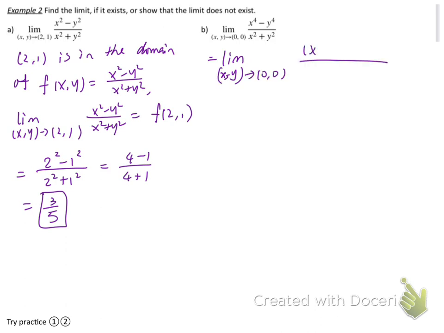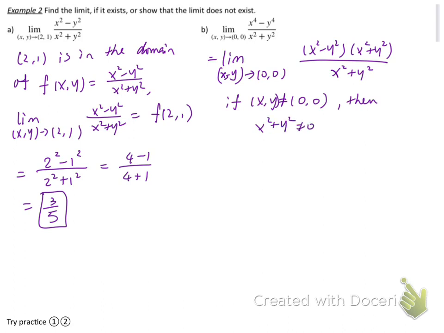The numerator is x squared minus y squared times x squared plus y squared, a difference of squares, over x squared plus y squared. And as long as x and y are not both 0, x squared plus y squared can't be 0, which means you can cancel them.